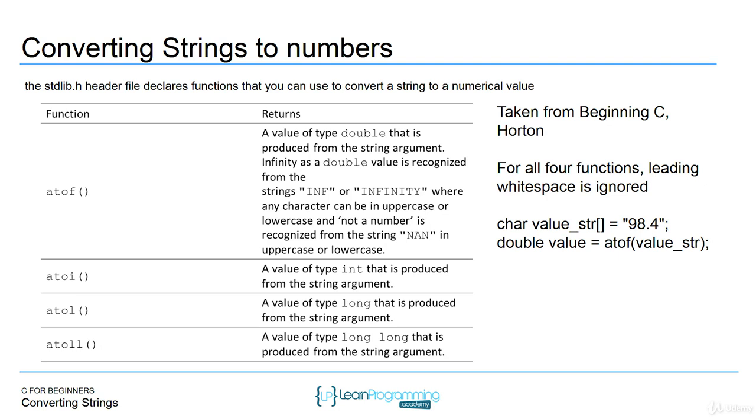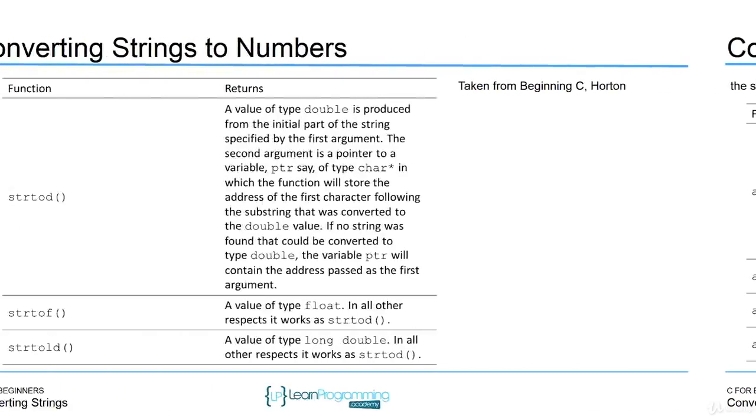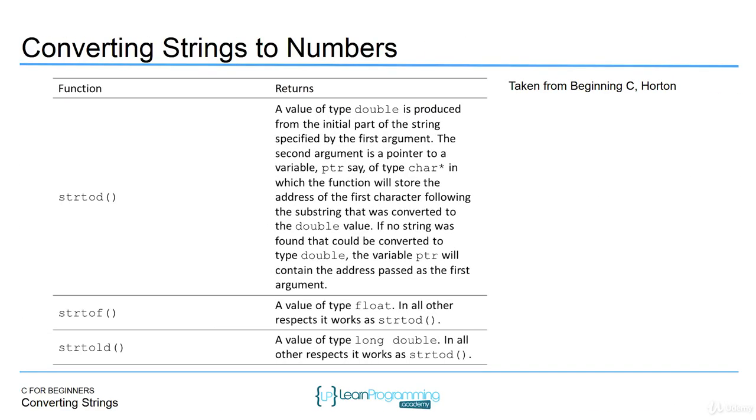You'll also see the opposite. For converting integers to strings, you'll see things like itoa, which is int to ASCII. So if you had a number, 98, and you want to convert it to a string, you'd say itoa. Right? There's also some newer functions, I think, that do some more. These ones are specifically for string to double as opposed to atof.